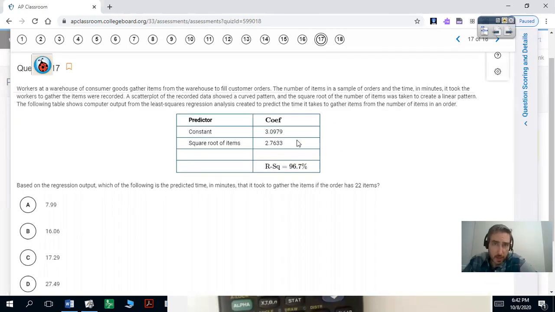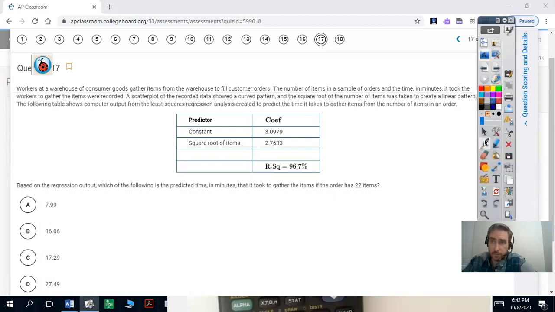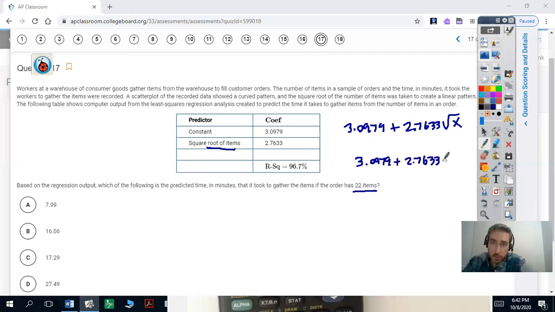So let's try this again. We got our intercept and our slope. Let's write this down. We got 3.0979 plus 2.7633, and we're square rooting the items here. So we have 22 items. Square root of items is not just x, it's the square root of x. So 3.0979 plus 2.7633 times the square root of 22.